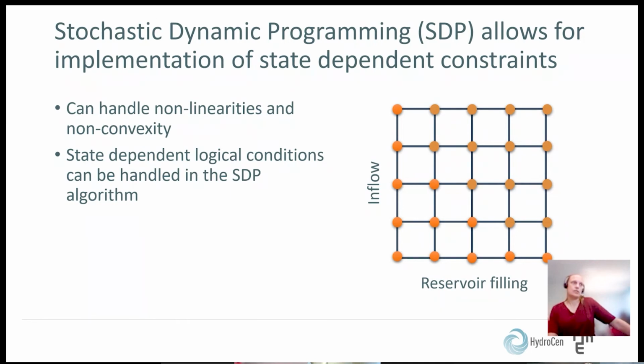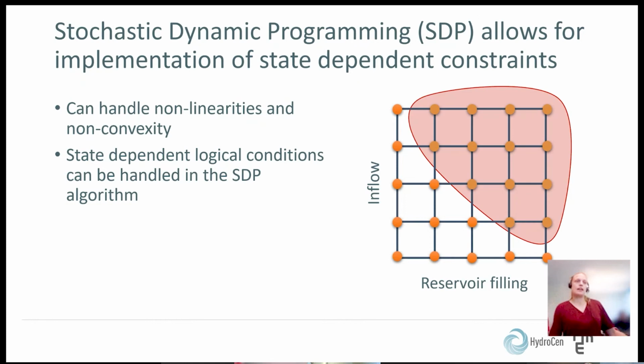And in the SDP method, we decompose a very large problem into several smaller problems that we solve, small optimization problems. And among other things, we discretize the state space. So we have several discrete levels of reservoir filling and different scenarios of inflow, and we solve smaller optimization problems for each of these state nodes.